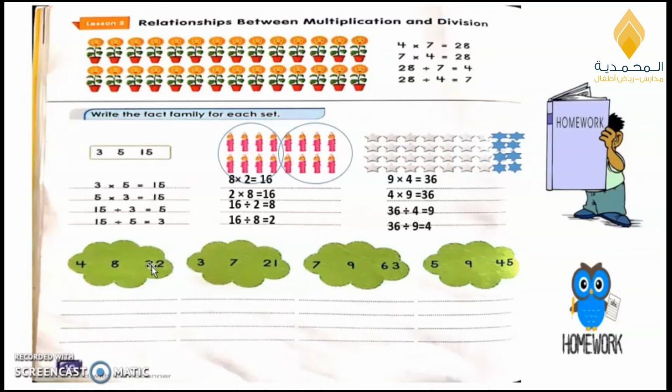Then write another multiplication sentence using the commutative property. Then go ahead and write the relationship between multiplication and division, as we learned here. Then you can write another division sentence, again as we mentioned here.